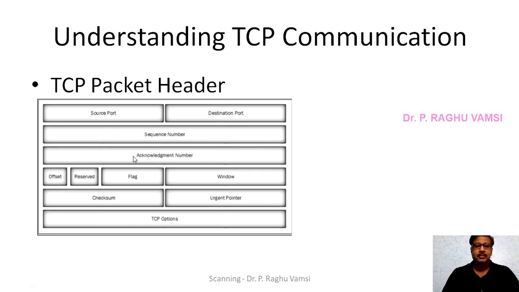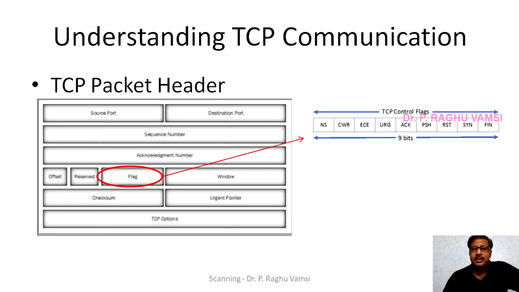So sequence number, acknowledgement number, offset, some reserved bits, flags, the window size, checksum of the data, urgent pointer and TCP other options will be available here. Among all these fields, this particular flag field is a very important field that we need to understand.